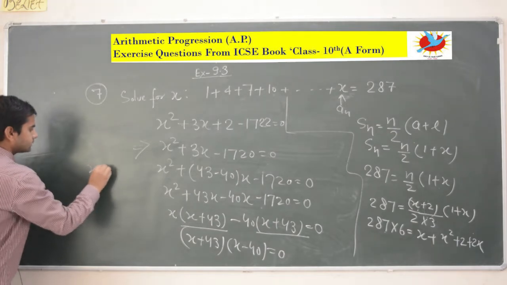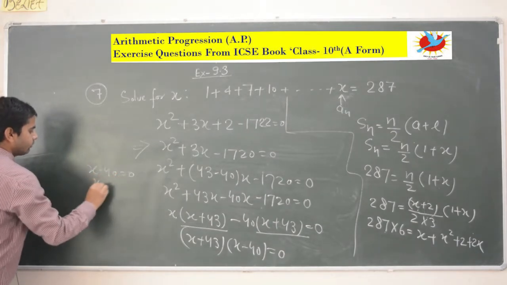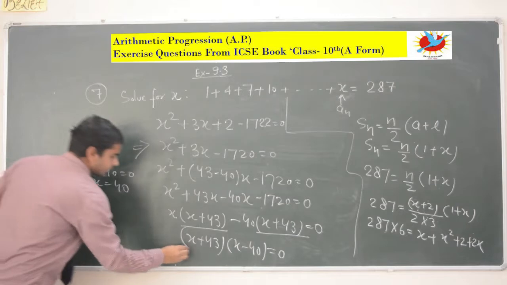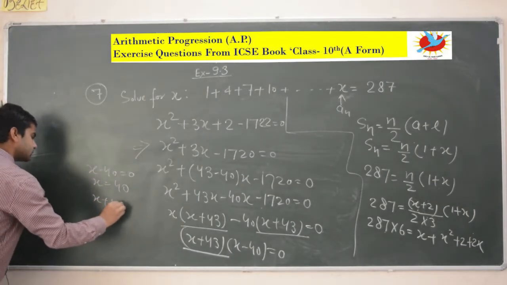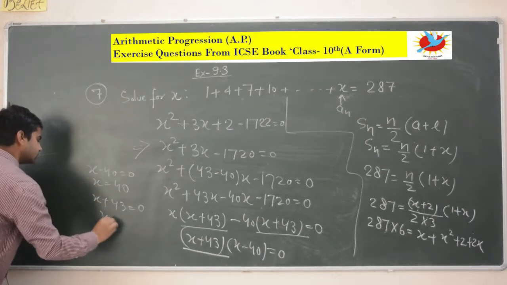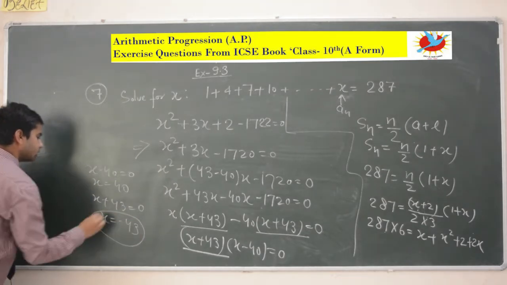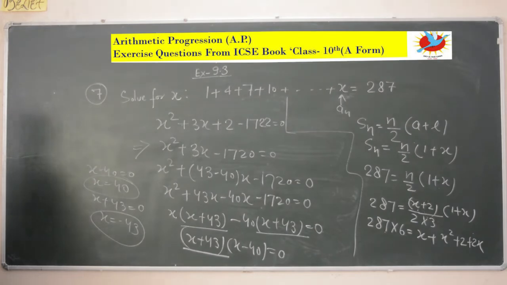So if we take x minus 40 as 0, we get the value of x as 40, and if we take x plus 43 as 0, we get x equal to minus 43. So we got two values of x.